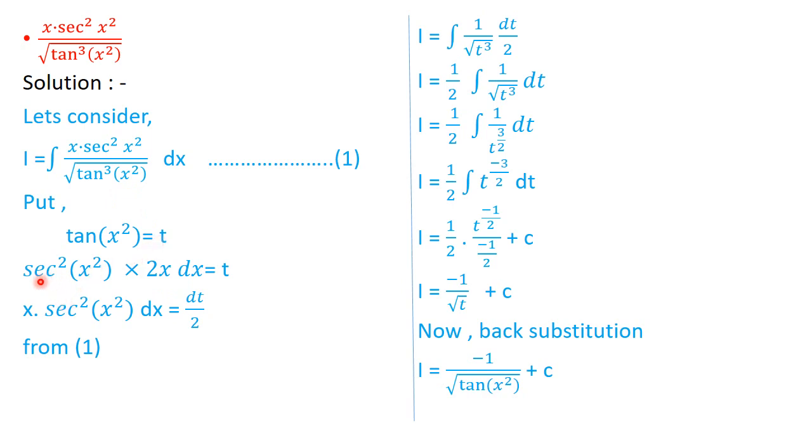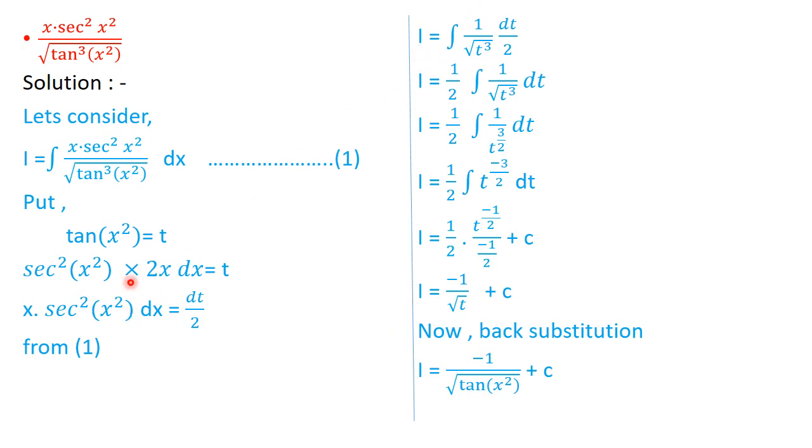Differentiate with respect to x. Sec square x square into the derivative of x square, 2x dx, is equal to dt. Therefore, x into sec square x square into dx, shifting the 2 to the RHS, is dt by 2.